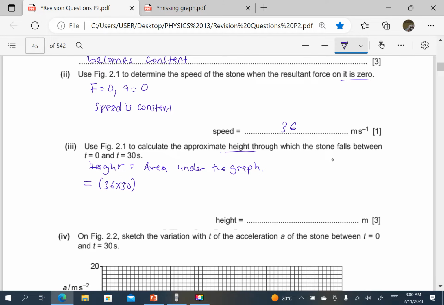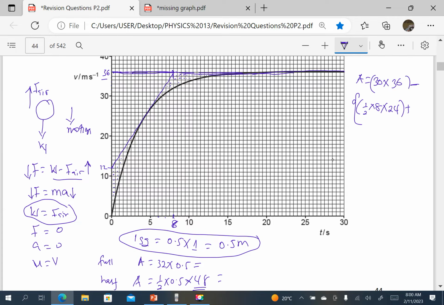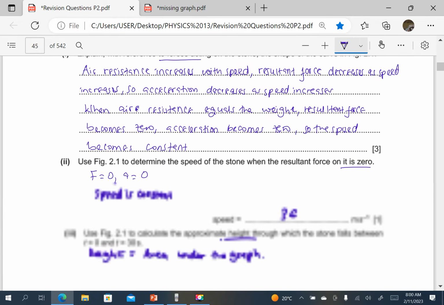That is for the rectangle, minus the area of the triangle which I drew, which was a half times the base, which is 8 times 24, plus the full small squares which were in between there. Remember, I'm getting the total area minus the area above, which is the area here. That's why I've been getting the area of a triangle. Then I remove the area of the small squares which are remaining.